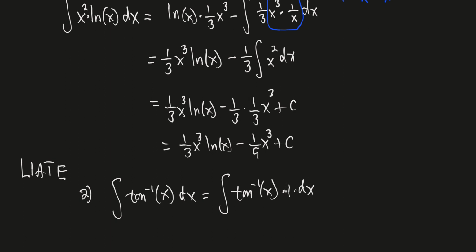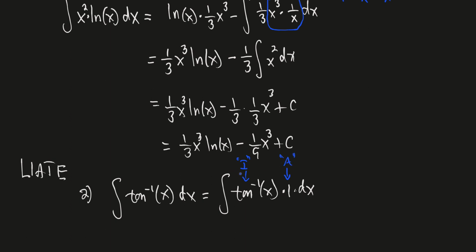And 1 is a constant. In fact, if you think of it, it would be like a constant polynomial, right? So it's like we have an inverse trig function times an algebraic function, so the I takes precedence over the A, right? So this is my I type. This is my A type.